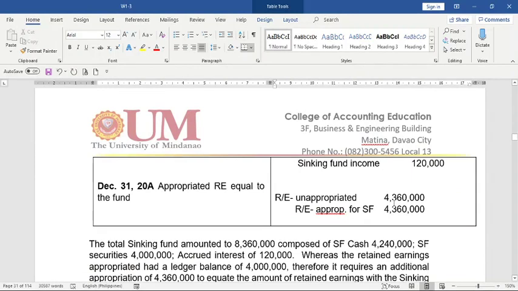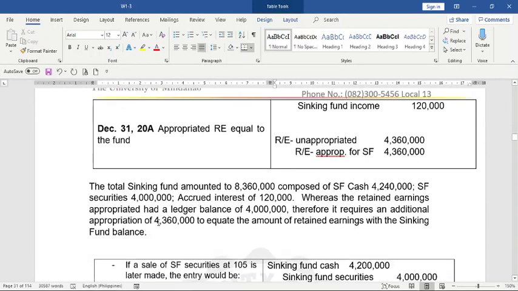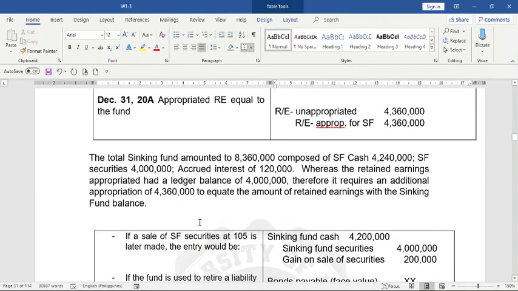So the total sinking fund amount here is 8,360,000 composed of the sinking fund cash, which is 4,240,000 kung magawa ka ng T-account, sinking fund securities 4 million, accrued interest 120. Okay, then yung na-appropriate lang natin sa ledger is 4 million. So there is an additional appropriation of 4,360,000.